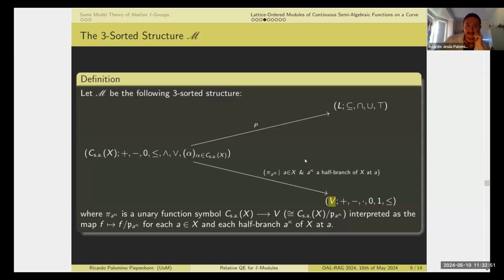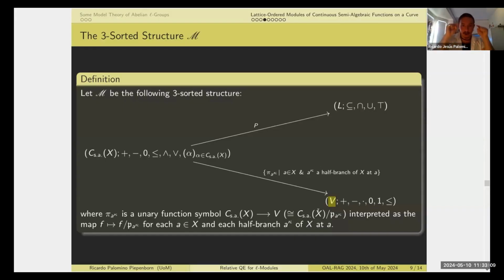And the way that I connect this ring of germs with the rest of the structure is with the projection map, right? All of these rings of germs at a half branch are just quotients by a prime ideal in the ring.